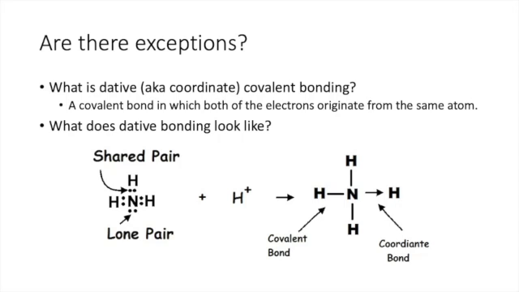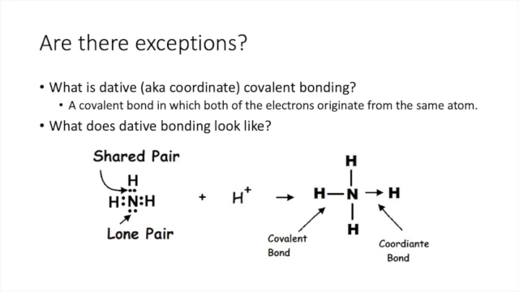And so when it reacts with a proton or a hydrogen cation, it turns into ammonium, or NH4. But this hydrogen cation lost its electron, and it's only the nucleus. And so it's going to bond with the nitrogen, but both of the electrons involved in that single covalent bond come from the nitrogen lone pair. The hydrogen isn't contributing one of the electrons for that covalent bond.